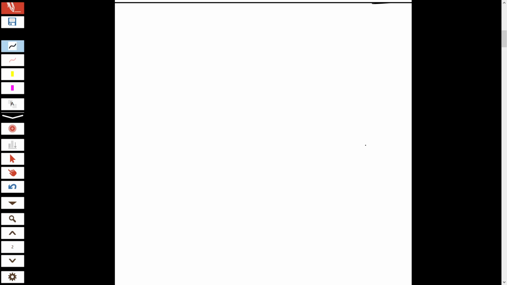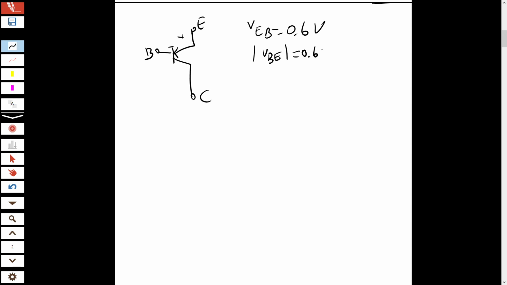Okay. For PNP, this is the symbol of PNP. This time emitter at higher potential, and then base, and then collector. There is still a voltage drop between emitter and base, but the order is reversed. Emitter at the higher potential. This time VEB equals 0.6 volts, or generally they will show it like this: VBE absolute value equals 0.6 volt.